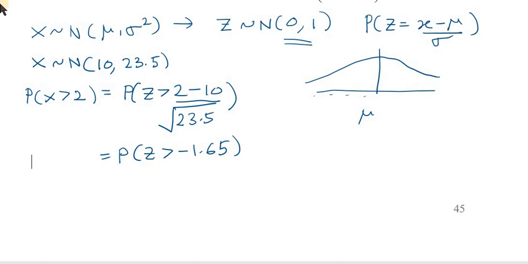On the left hand side are negative values, and on the right hand side are positive values for Z. Now our value is Z negative 1.65. Here in the middle the mean is 0, and the variance is 1.